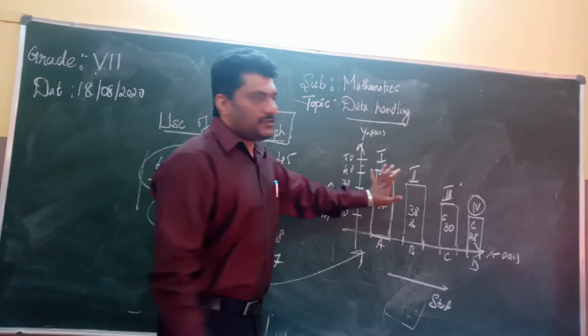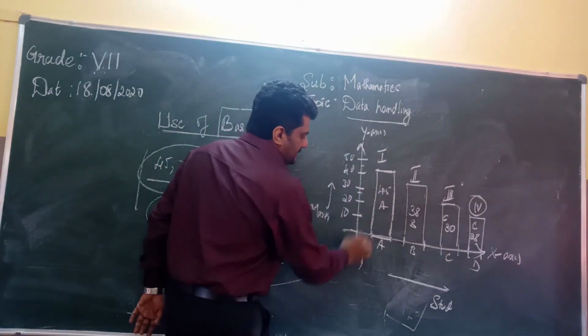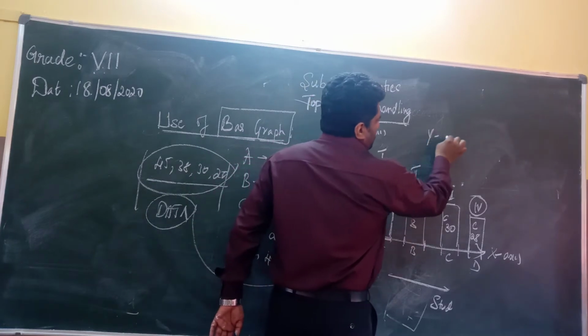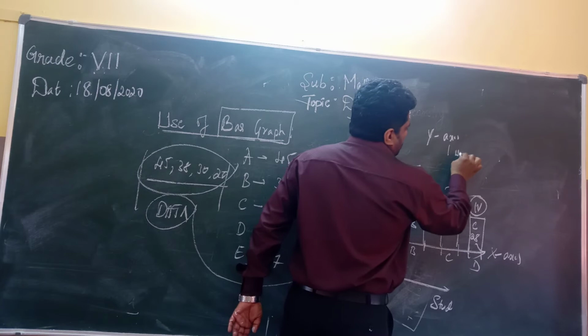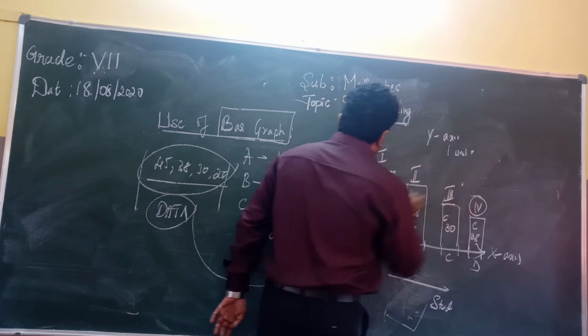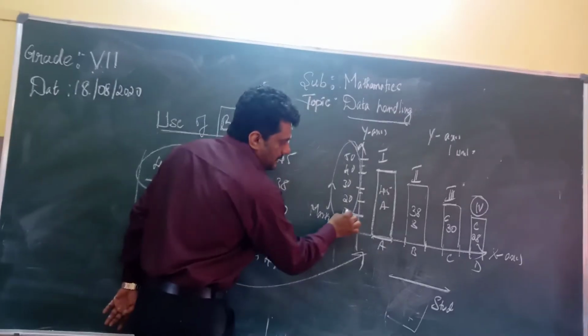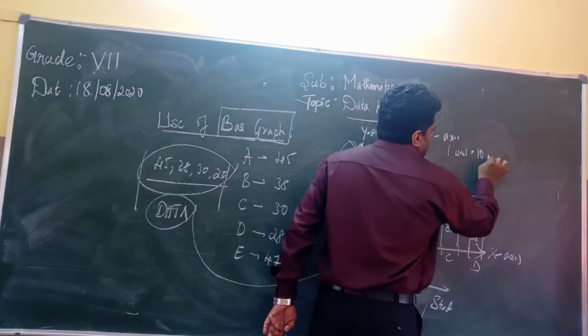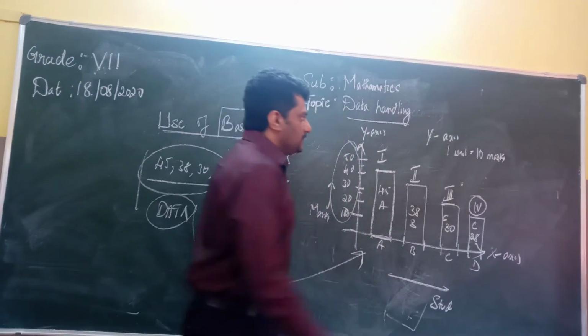Usually whenever you draw the bar graph, you can always take a scale. Now this is the y-axis. You can mention on the y-axis 1 unit is equal to, now these are the marks, right? So you can take 1 unit as 10 marks. And in the x-axis, what do we have?